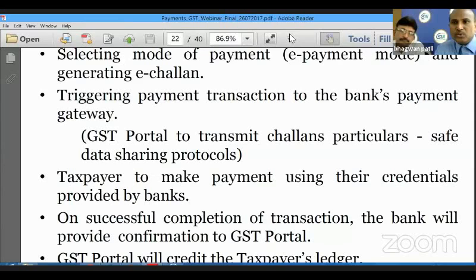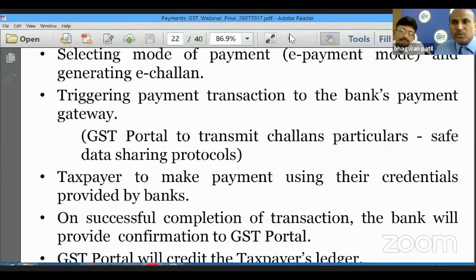And then this third part, generation of e-challan at the GST portal, generation of NEFT RTGS mandate at GSTN with key fields auto-populated. So most of the fields will be auto-populated. You need not worry about that. Only you have to enter the amounts, and then things will be taken care of.